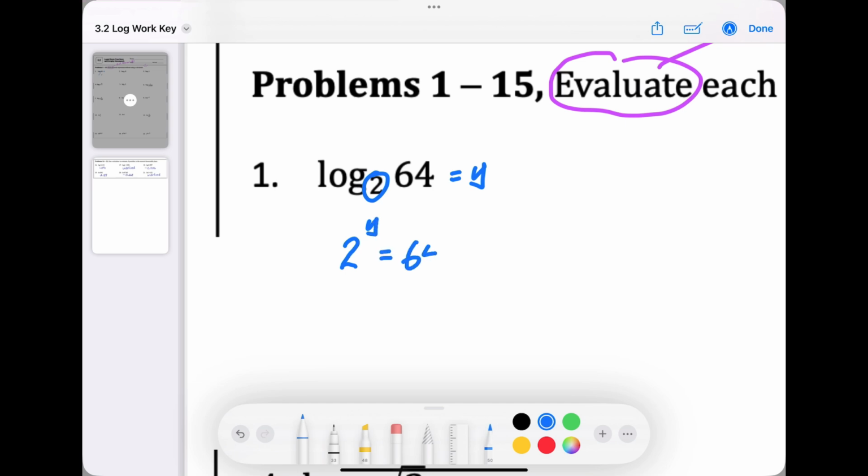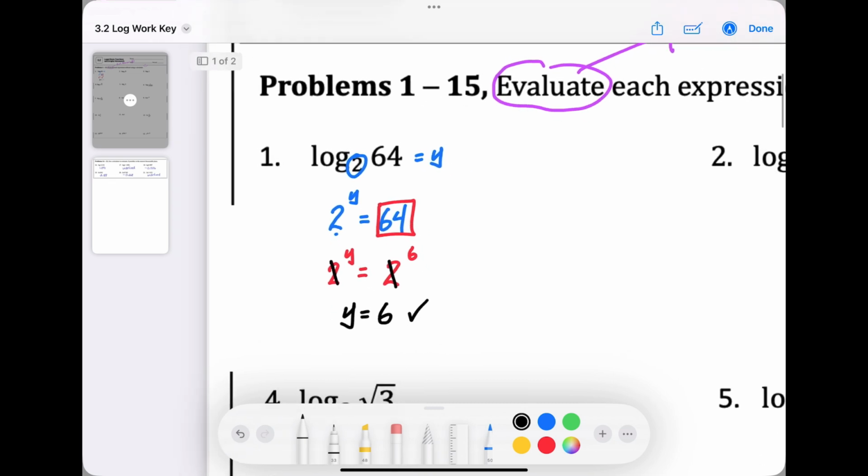So 2 is my base, which gives me an inspiration. 64, I can make it as 2, the base, to the power 6, equal to 64. Base, the same, cancel out. So that tells me y equals 6, okay?